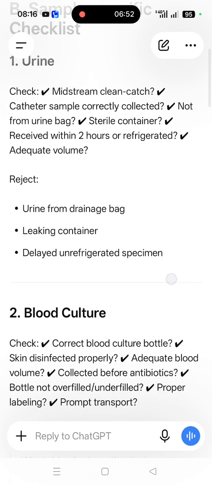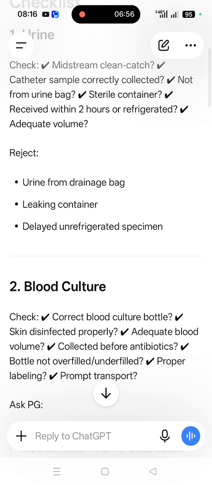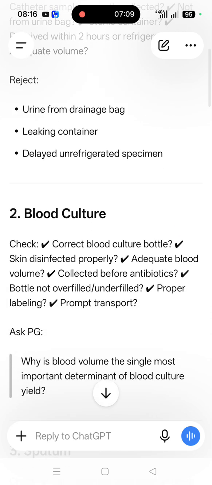So when should you reject? If the urine is from the drainage bag, then you should discard it. If the container was leaking, again discard it, because it is sterile and we don't want any contamination. A delayed, unrefrigerated specimen should also be rejected.